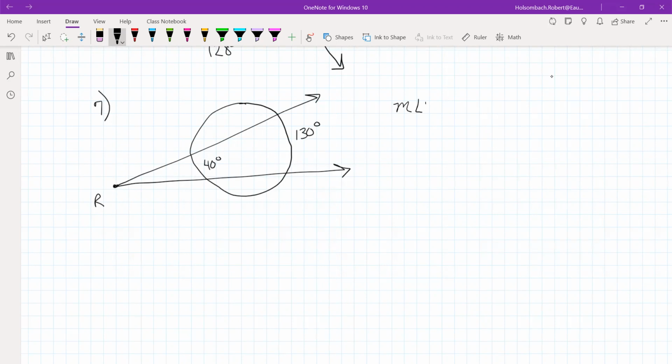Measure of angle R is equal to, remember yesterday we said that the measure of this angle is equal to 1/2 the difference of the big arc minus the little arc. So the measure of angle R equals 1/2 of big arc, which is 130, minus little arc, which is 40.